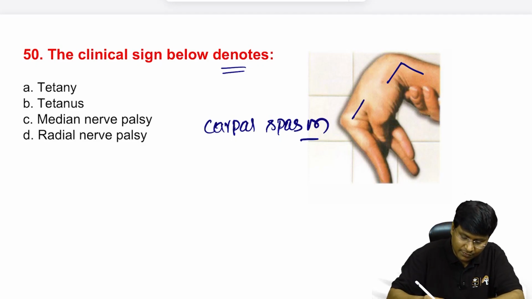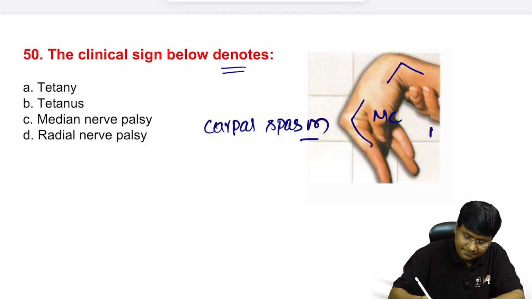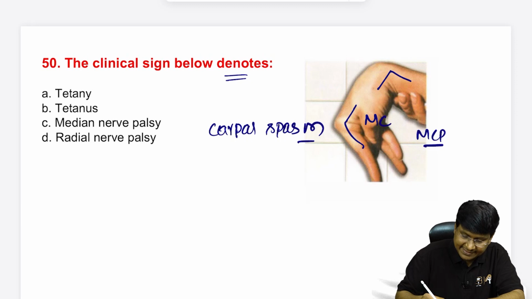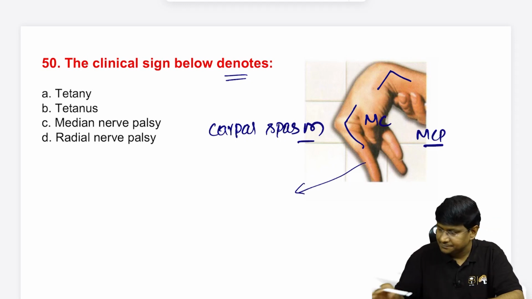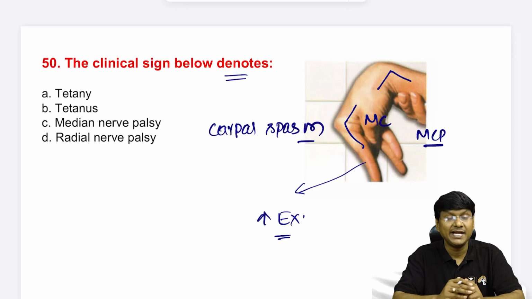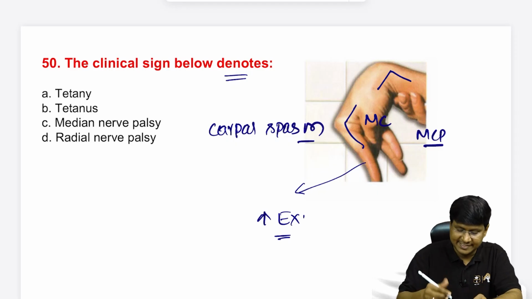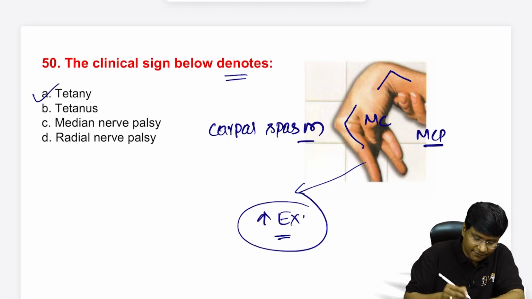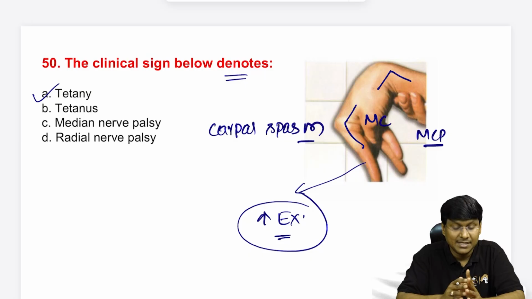There is also flexion at the metacarpophalangeal joint, and there is extension at the level of the interphalangeal joints. So what is it suggestive of? This is tetany.